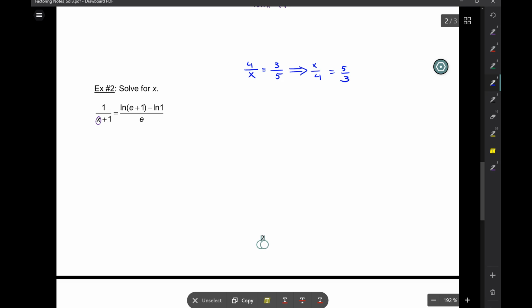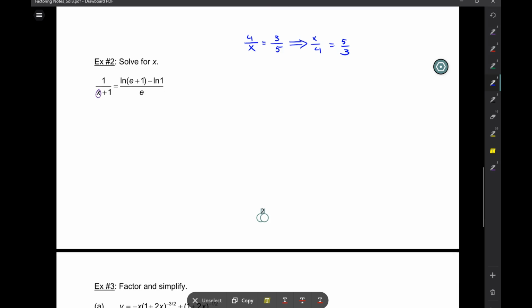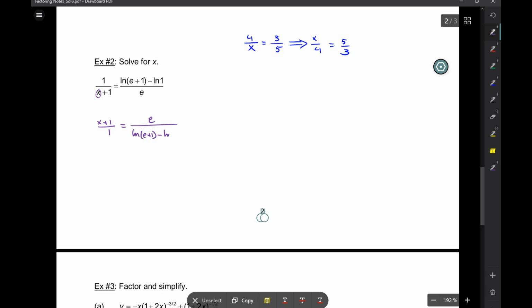You can take a proportion and flip both sides, and it's the same because it doesn't matter if you're looking at it top down or bottom up, right? So here, I can flip this. Right, so here we get e over ln of e plus 1 minus ln of 1. And x plus 1 over 1, that's silly. That's just x plus 1.